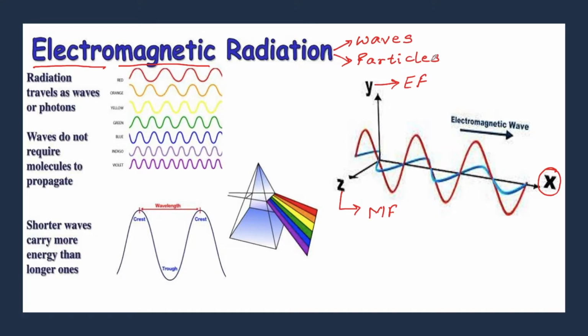Further, the shorter waves carry more energy than the longer ones. The energy of electromagnetic radiations is given by the expression E = hν, where E is the energy of electromagnetic radiations, h is Planck's constant, and ν is the frequency of the radiations.